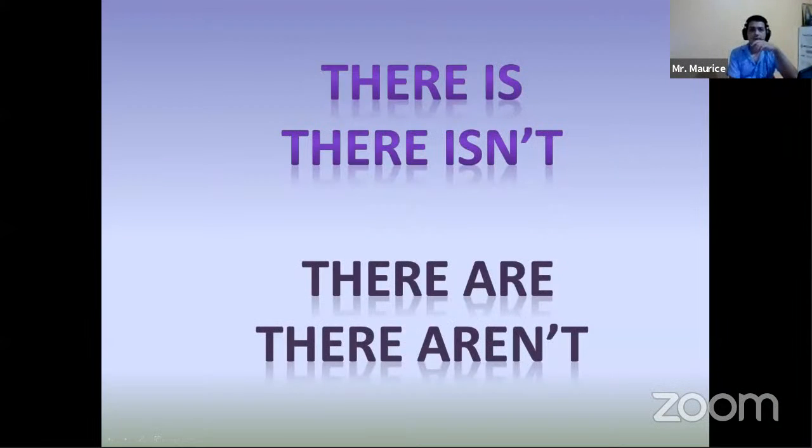There you go. Como usted puede observar, tenemos aquí las estructuras positivas y negativas. So we have the positive and the negative. There is, singular. For example, there is a pencil. Solo hay uno. There is a pencil. Hay un lápiz.